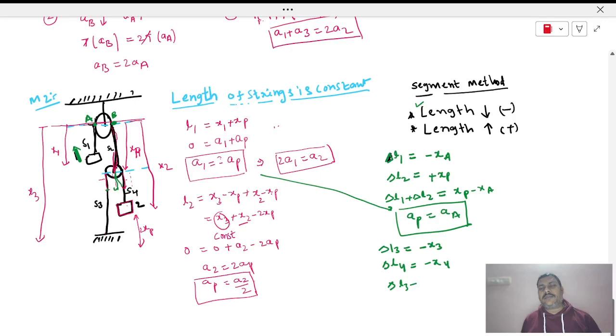Therefore delta L3 plus delta L4 is equal to XP, that is equal to X3 plus X4 into minus.